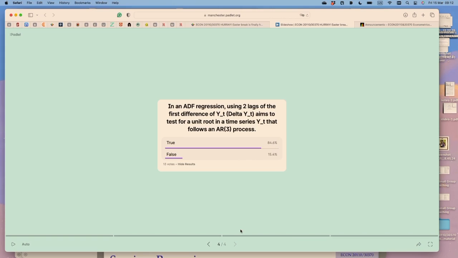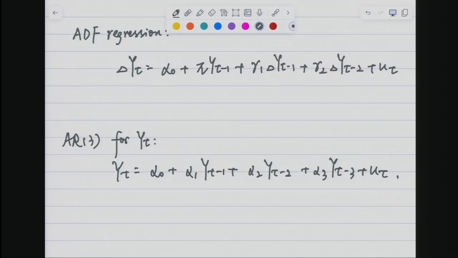Now, this is a correct statement. Essentially, in the ADF regression we use the first difference delta yt as the dependent variable, and we also include 2 lags of the first difference. On top of that, we also have the immediate lag for the level. This is the ADF regression for testing whether the yt following an AR3 has a unit root.